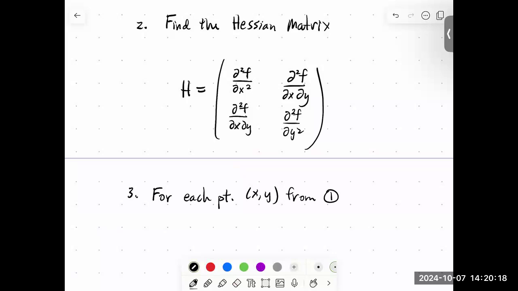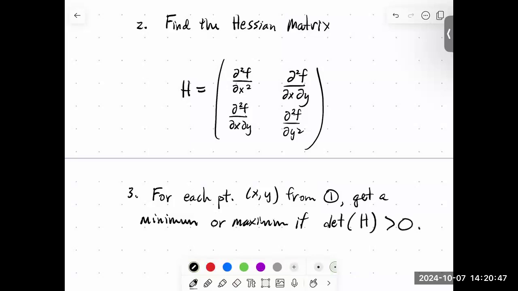For each one of those, we evaluate these derivatives at those points, and then we check the determinant of this Hessian matrix. So we get a minimum or maximum if the determinant of H is positive.